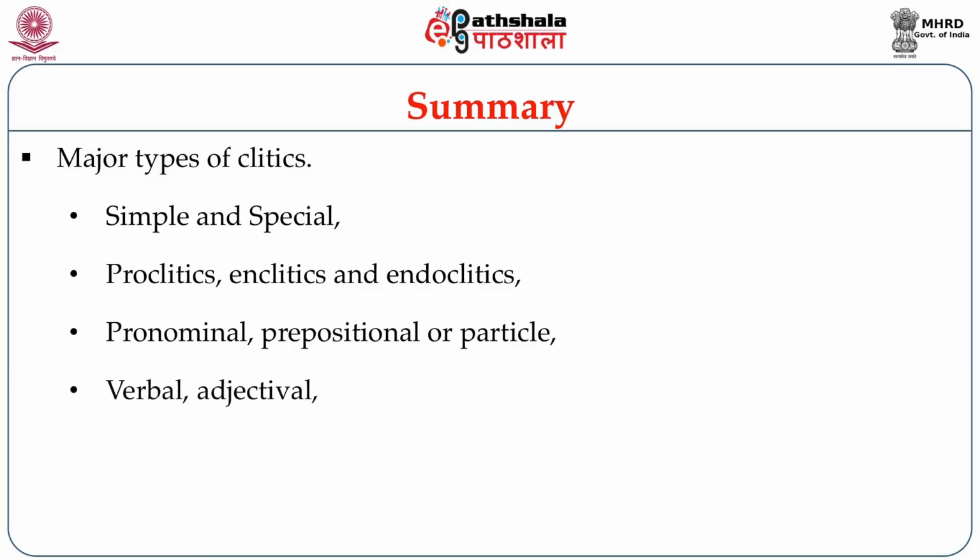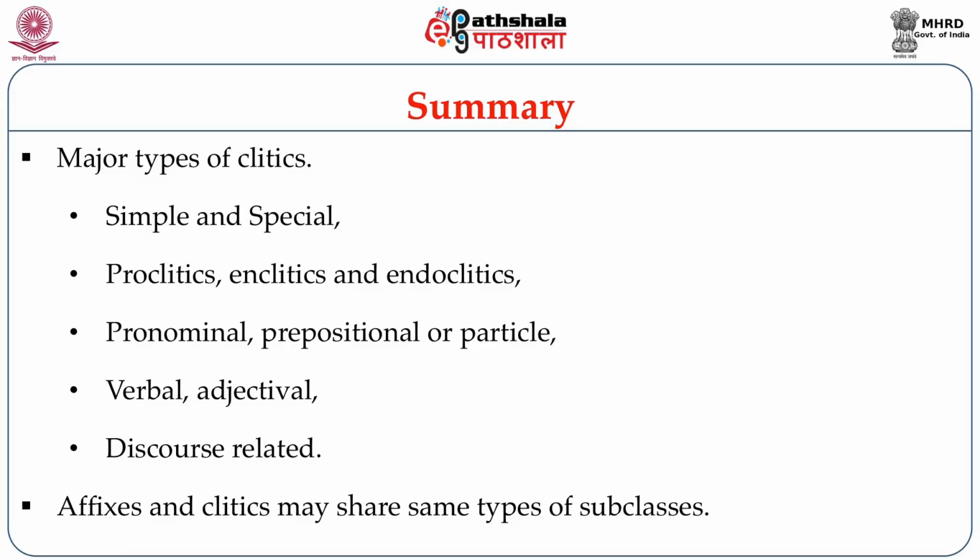Verbal clitics are based on the grammatical category of the host of the particular clitics. What we also recognize is that there are various discourse-related clitics and also that affixes and clitics may share some of the subclasses that we recognize for one or the other.